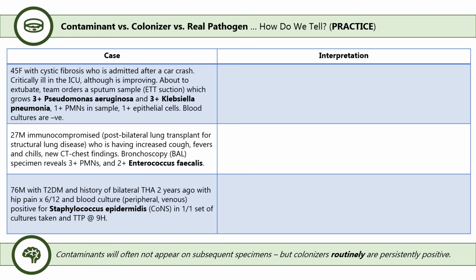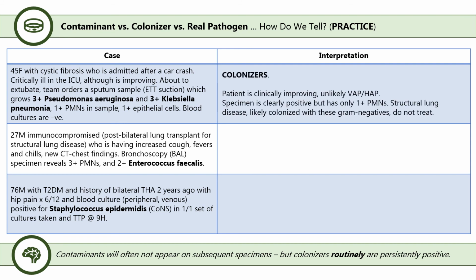So how would I interpret whether or not these are pathogens, colonizers, or contaminants? In my opinion, based on my interpretation, these would be colonizers. The patient's clinically improving. If this patient was still ill or getting worse at this moment and not about to be extubated, I would have to be forced to consider that these could be potential pathogens in this case.